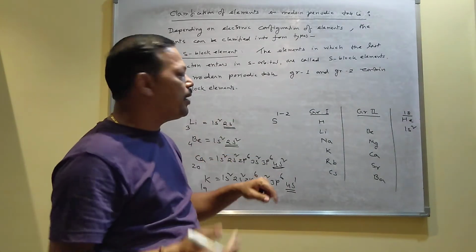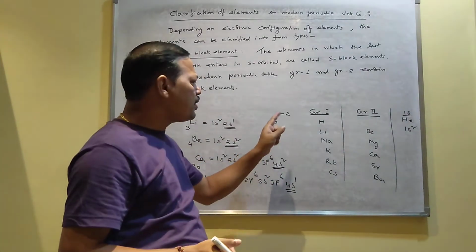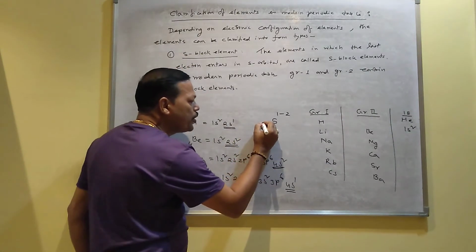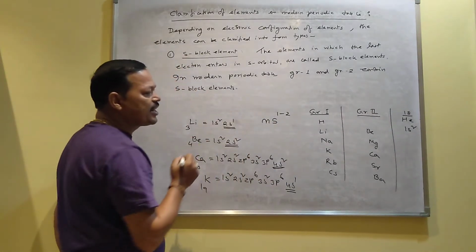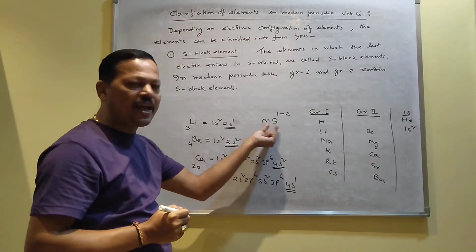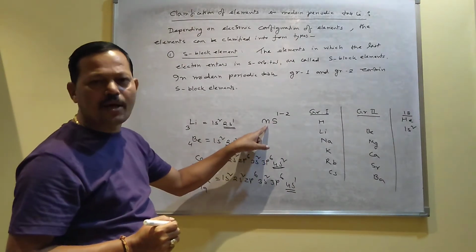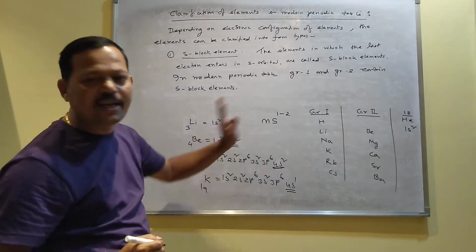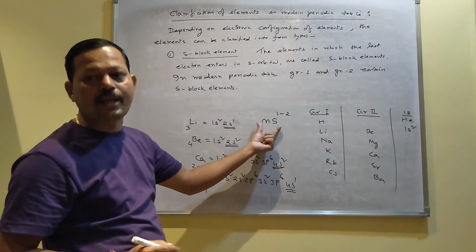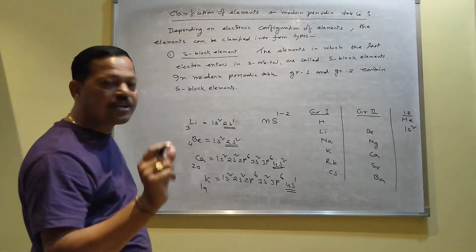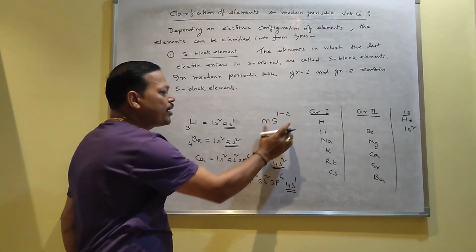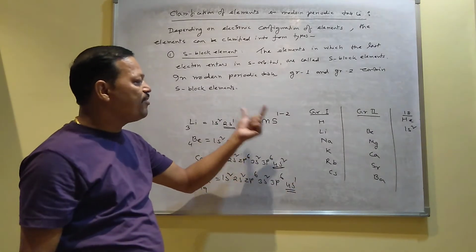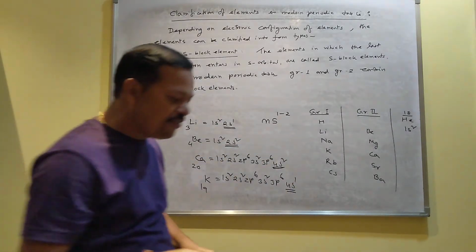Group 1 elements contain 1 electron in S, and group 2 elements contain 2 electrons in S. So S block elements always have 1 or 2 electrons, and when you write the general valence shell configuration, you put ns. ns means it may be 1s, 2s, 3s, 4s, like this. This is the general valence shell electronic configuration.